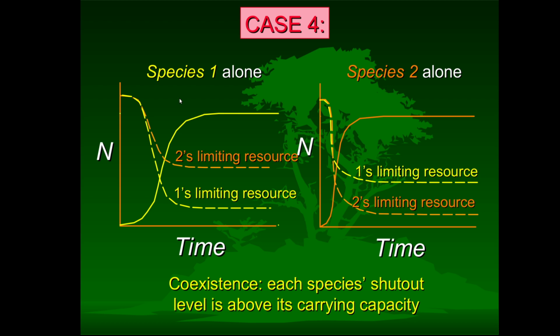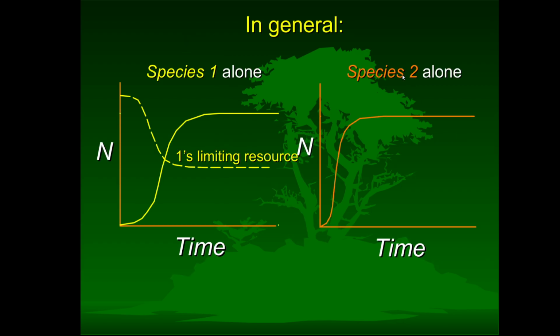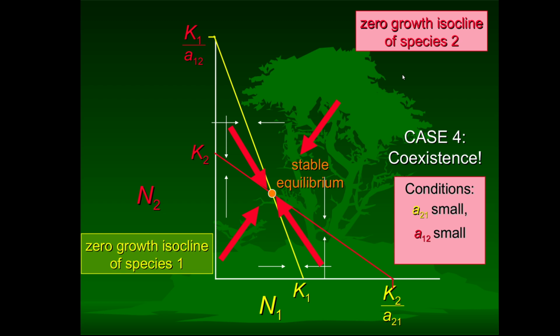So in this case, the carrying capacity of both is lower than its shutout level. So neither species can exclude the other one. So this is a case of coexistence, and it requires two limiting resources. So this is case 4 in the Lotka-Volterra models. And to achieve it, we have to have two limiting resources.